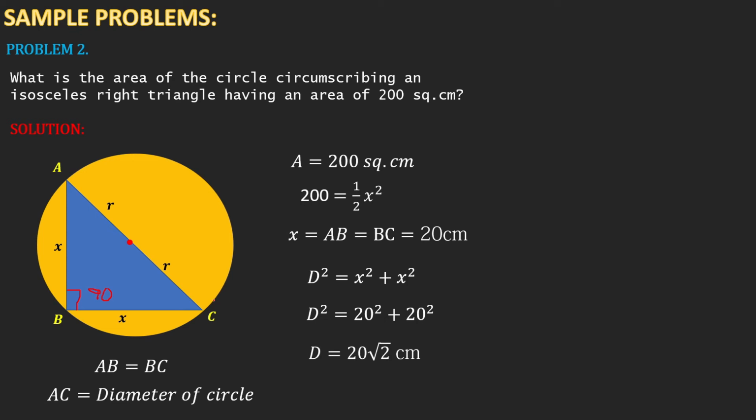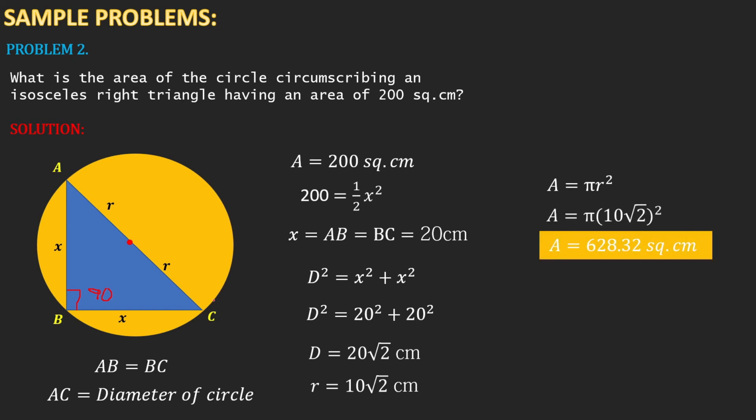Diameter is 20 square root of 2. Then, para makompute yung radius, divided by 2 lang yung diameter, is 10 square root of 2. Then, compute natin yung area ng ating circle, pi r squared. Area is 628.32 square centimeter. Okay, next.